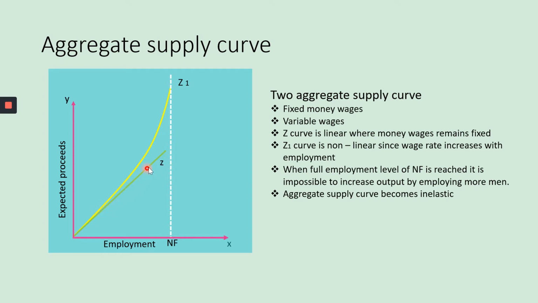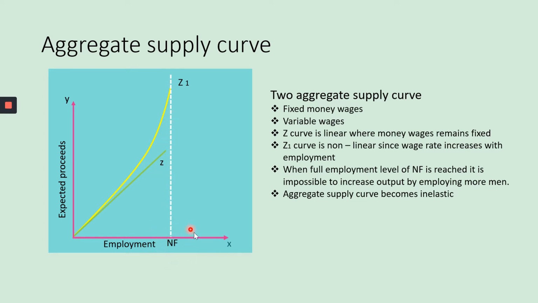Z1 is non-linear since the wage rate increases with employment. As the wage rate increases, if the employer is willing to give more wages, more people come for employment.